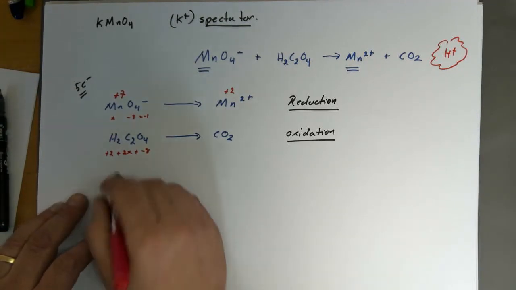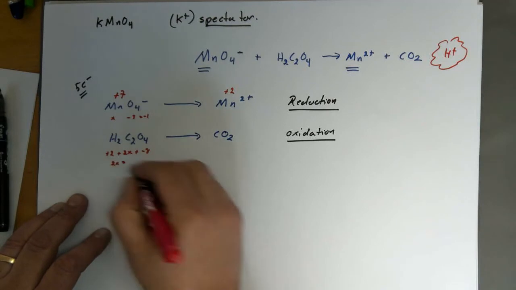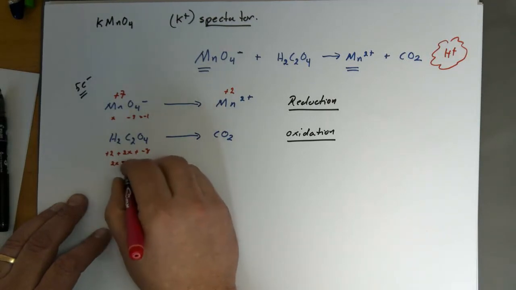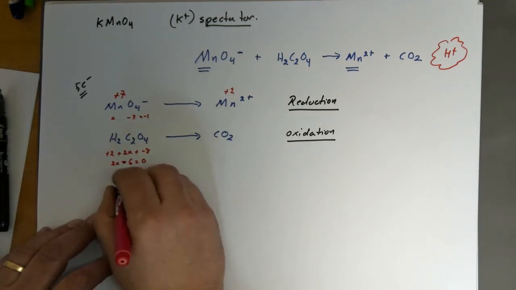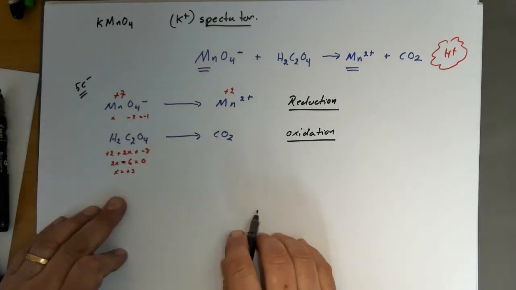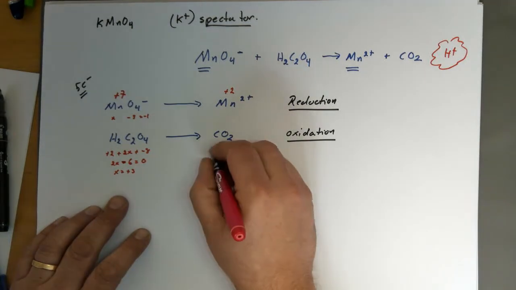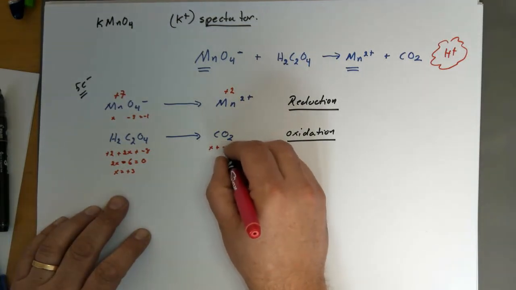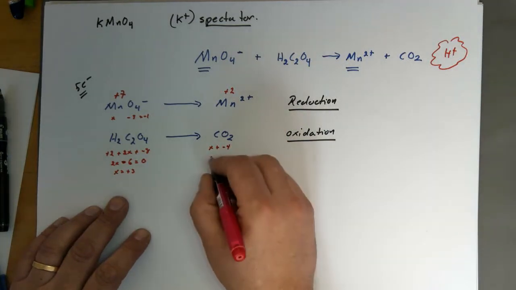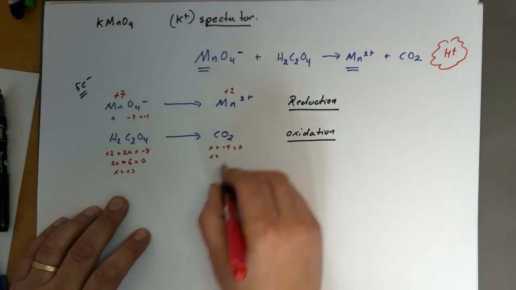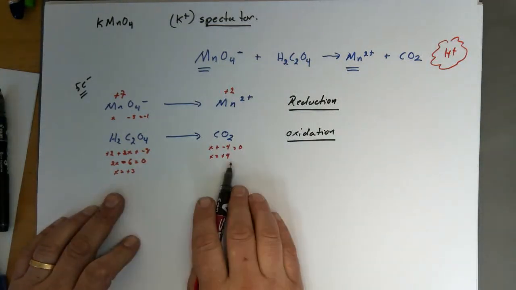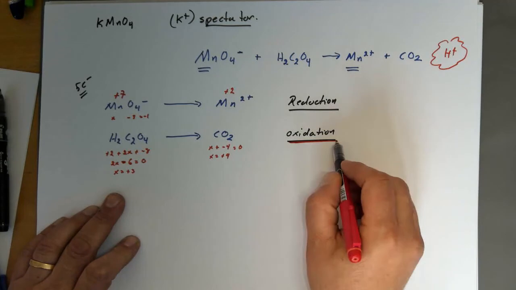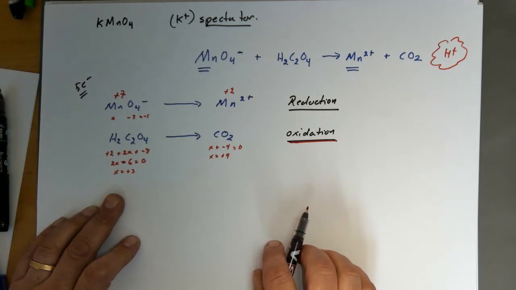And if we do the calculation, then 2x minus 6 equals 0, and so x equals plus 3. And on this side we have x plus minus 4, so x equals plus 4. So the oxidation number has increased. Therefore, it's an oxidation.